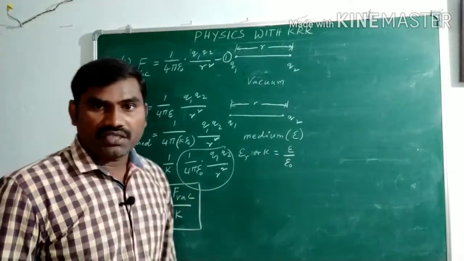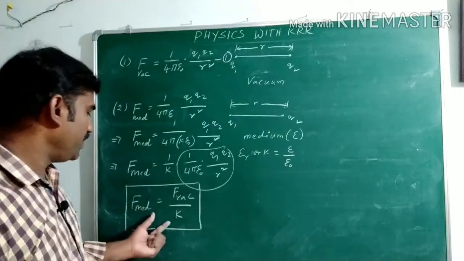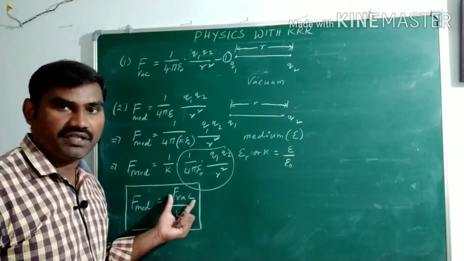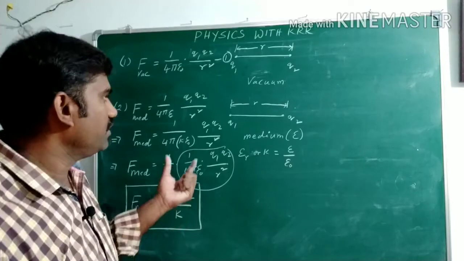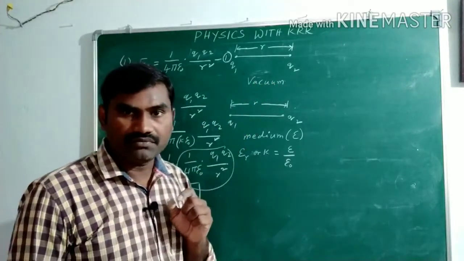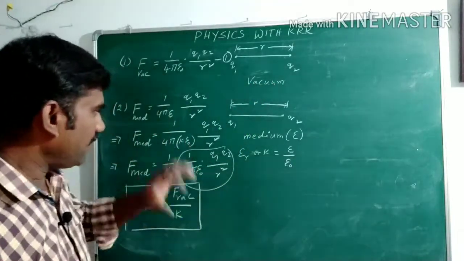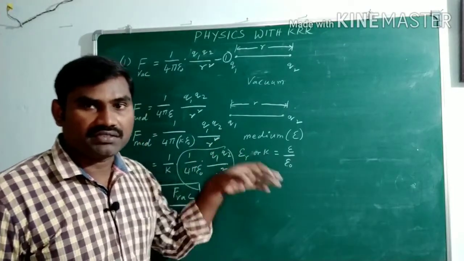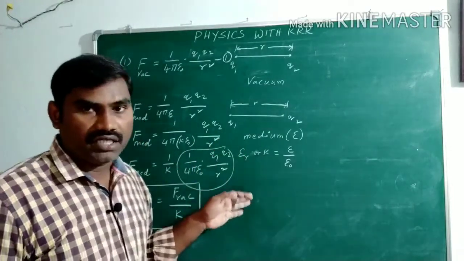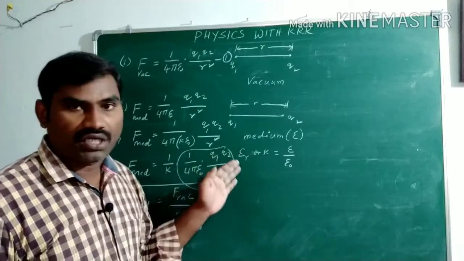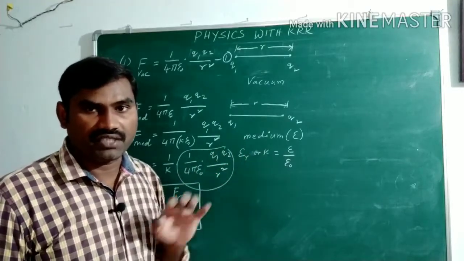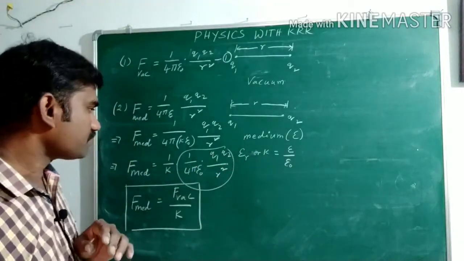So the basic numerical they will ask on this formula: they will give the force between the two charges when they are placed in air or vacuum, so we will get one force. Later, the two charges are placed in a medium of dielectric constant 2 or 3 or 1.5, like that they will give. For example, 2.